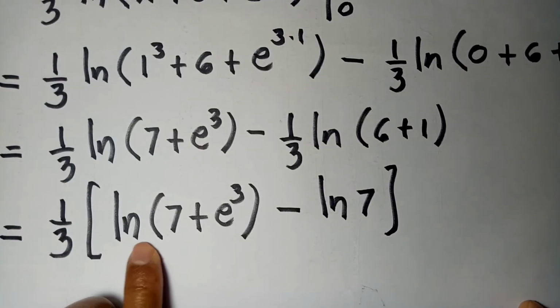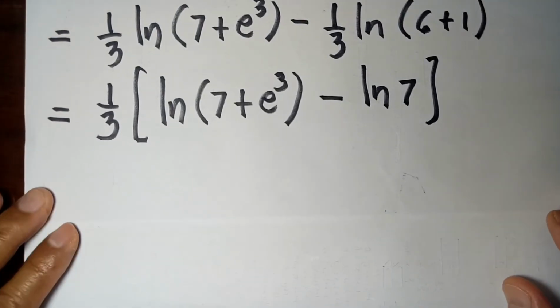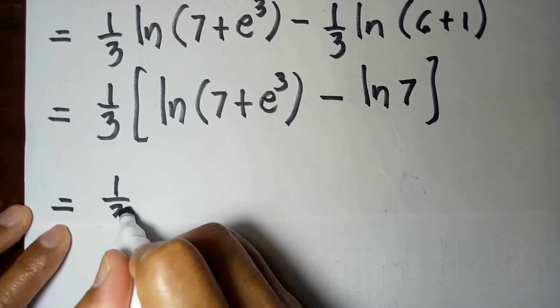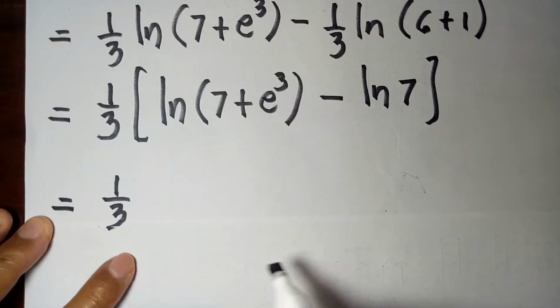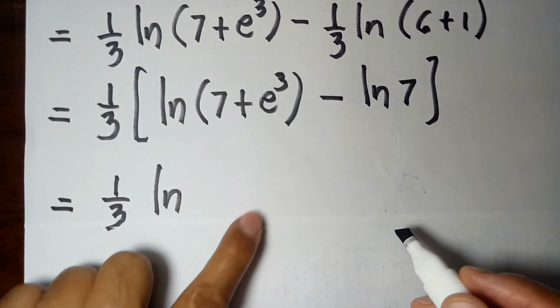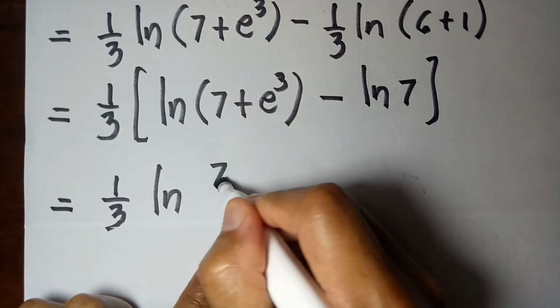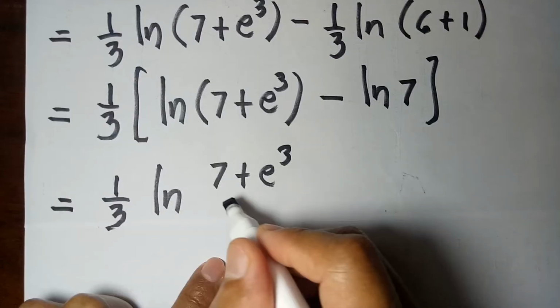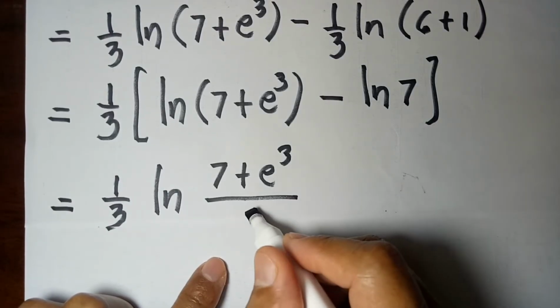And then after that, let us apply the logarithm of a quotient. So we will have 1/3 ln of 7 plus e cubed divided by 7.